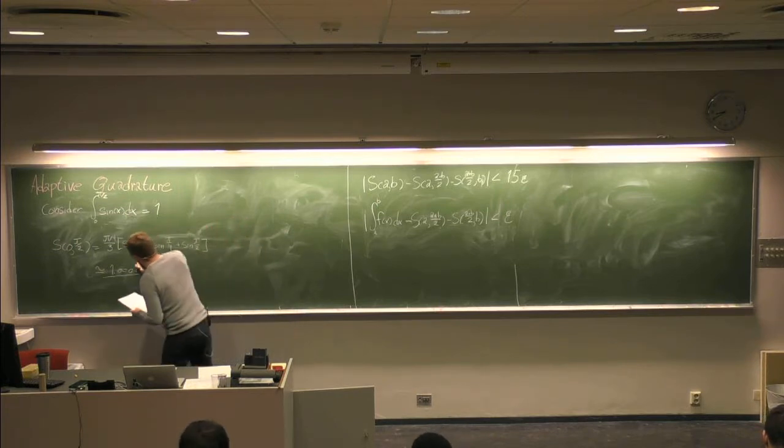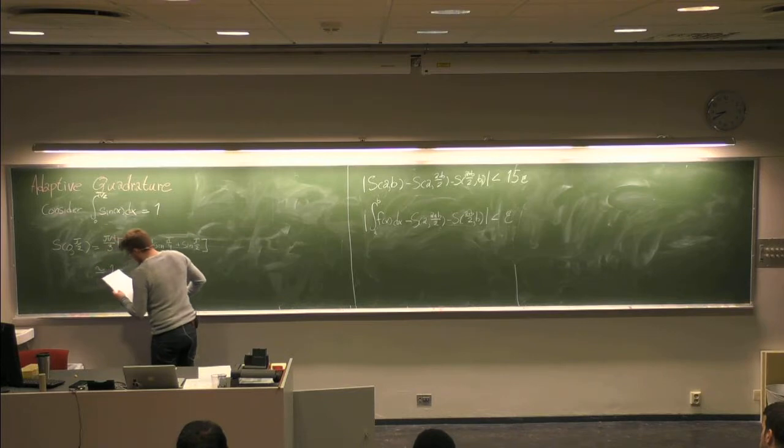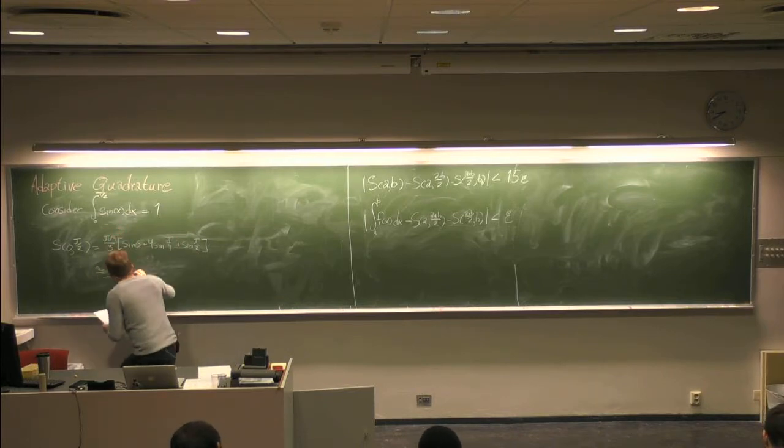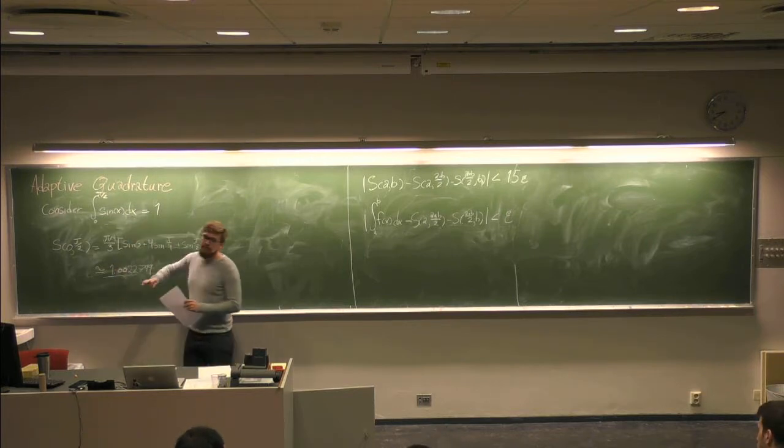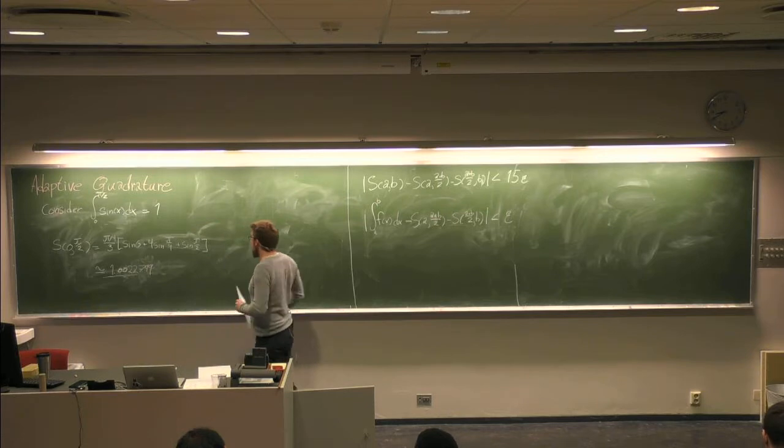No, sorry, that was the wrong number. That's for two intervals. This is 0.22799. So I mean, it's fairly okay, but we can do better.